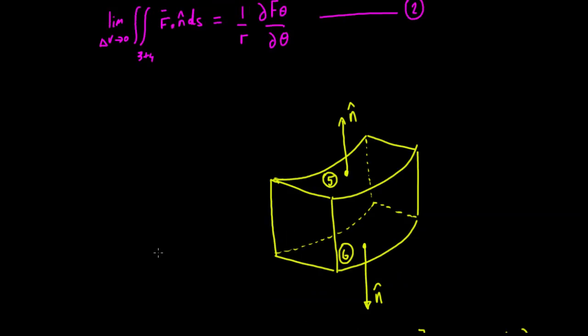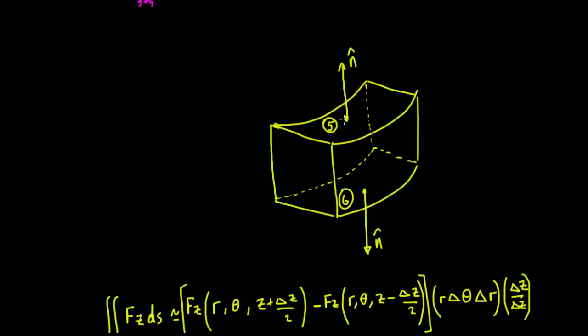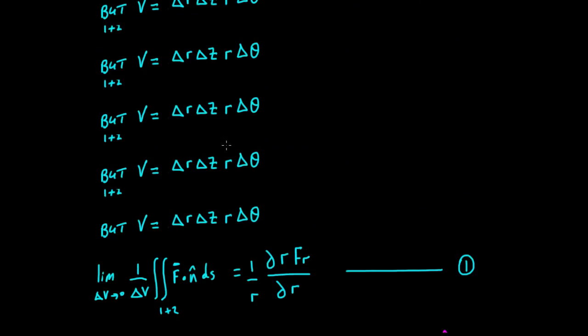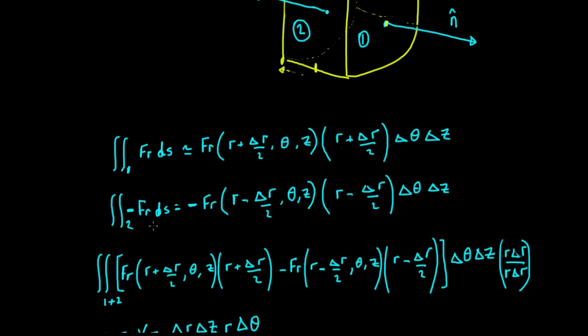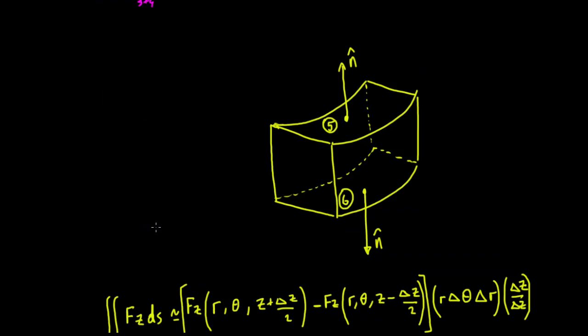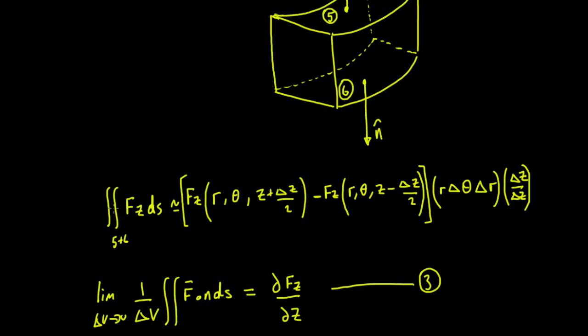And finally, the third component, we're interested in the value of the normal components in face 5 and face 6. So that's looking at the top face here and the bottom face here. The only part of the component of the vector field that's in this direction is the z component.